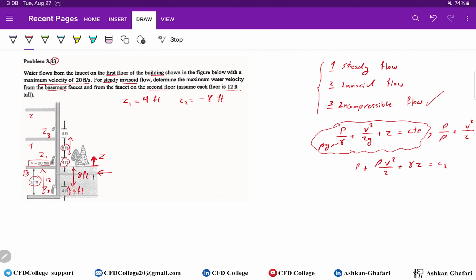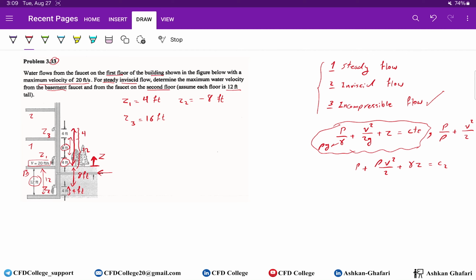And Z3, from here up to here, we have a floor, total floor 12, and we have 4 feet here, so Z3 equals 16 feet. It's not difficult. You can calculate the values.